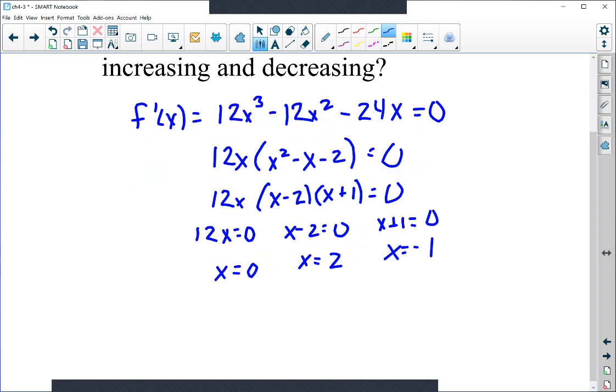And we have 3 places where our derivative is 0. And remember, where the derivative is 0, we refer to that as a critical value or a critical number.